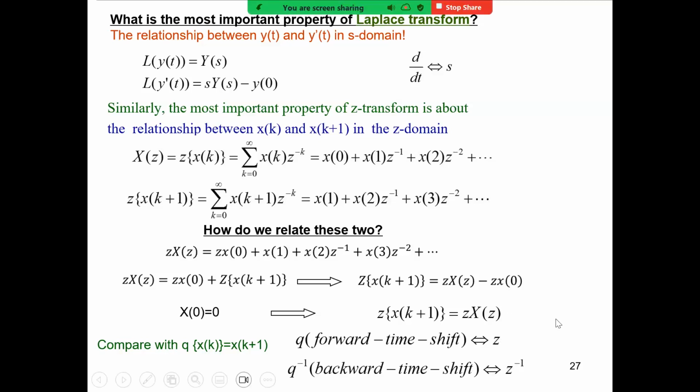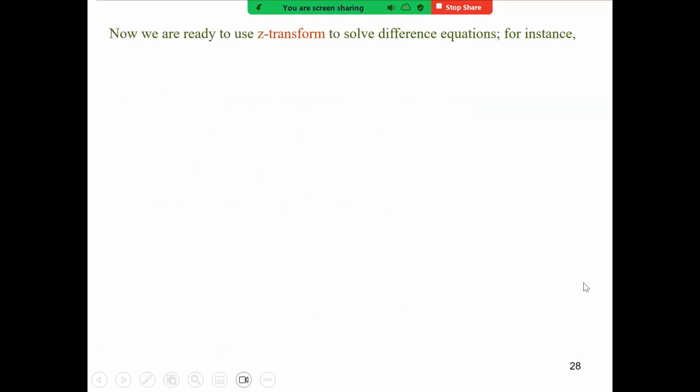That is the most important property of the Z transform. Similarly, if there is a z inverse in the signal, it means that you do a backward shift.